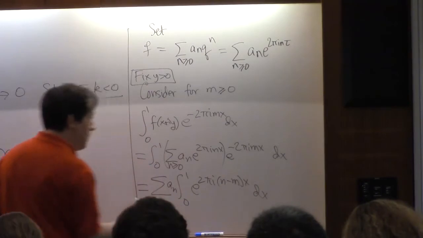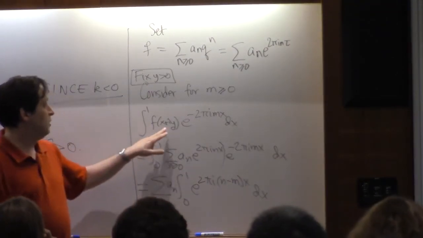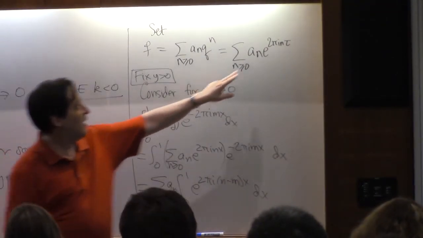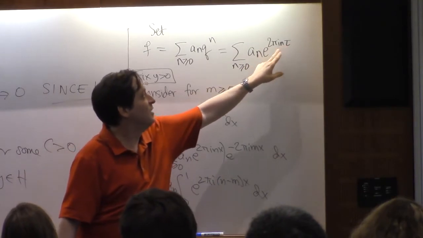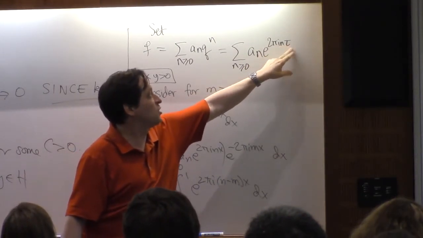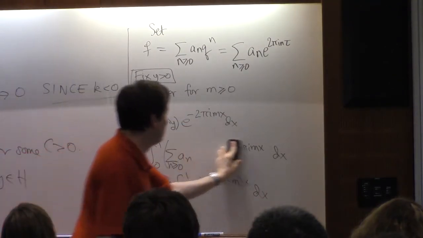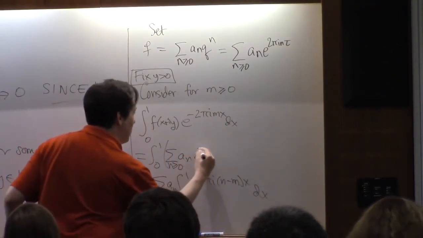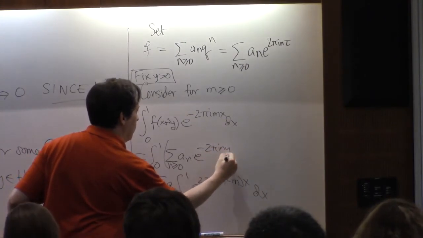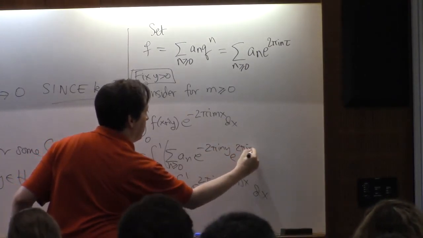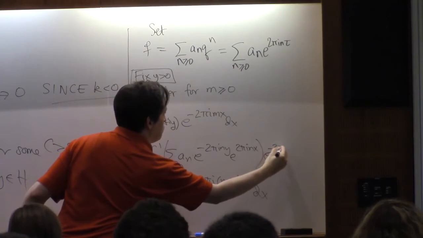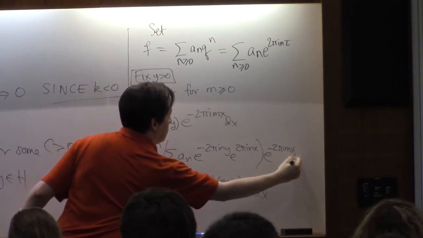Okay? And so I made a mistake because a modular form is not e to the 2 pi i n x. It's e to the 2 pi i n (x plus iy). So I left out a critical term here. I left out e to the minus 2 pi n y, times e to the 2 pi i n x, e to the minus 2 pi i m x dx.